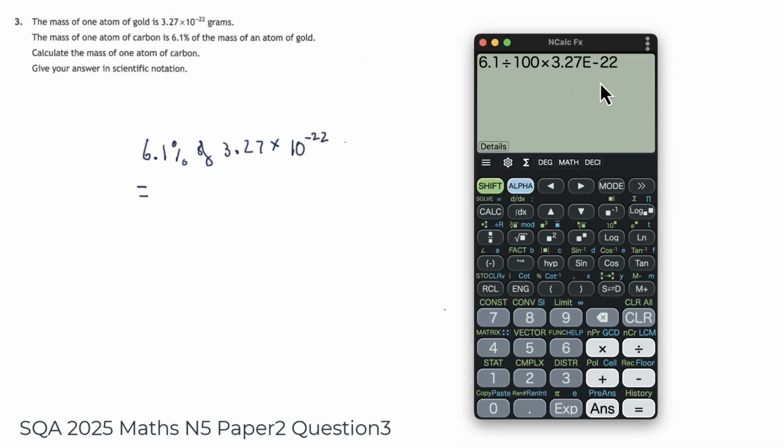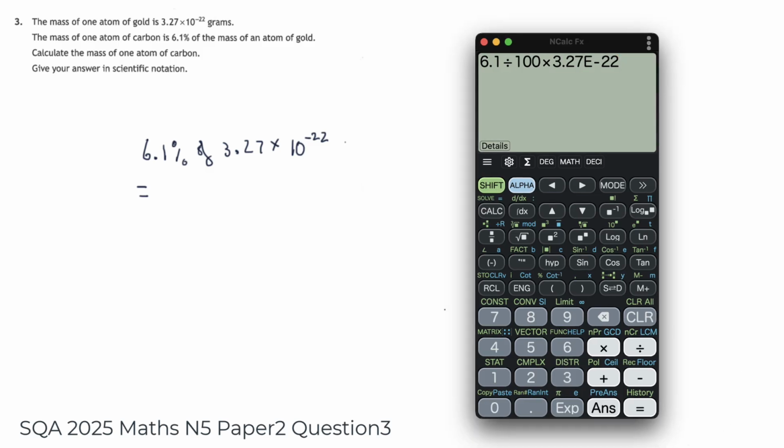So there's me entered that calculation on my calculator. So please find out how to do that on your own particular calculator. And when I press equals, there's the result.